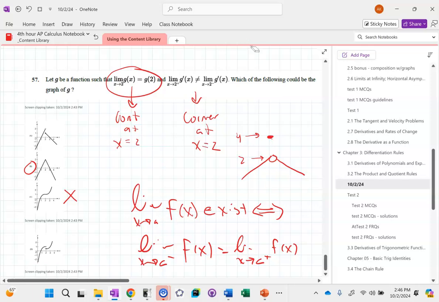So that wouldn't be the same? Would not be the same. So that's the limit exists, right? If this exists, that's just telling you the left-hand and right-hand limits are equal. If it's also equal to g of 2, then that has to be filled in. The value of the limit has to be the same as the value of the function. And the only way that can happen is if that spot's filled. Okay. Does that make sense? Yeah.